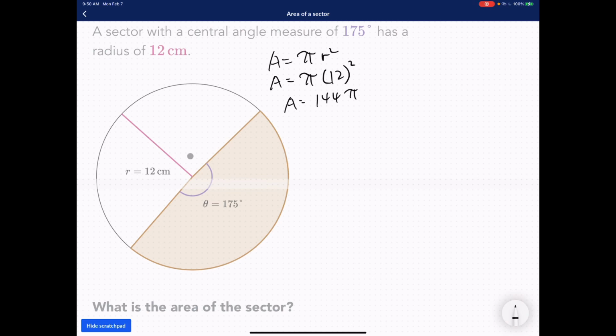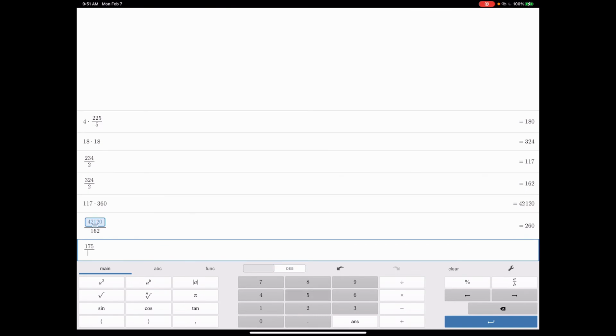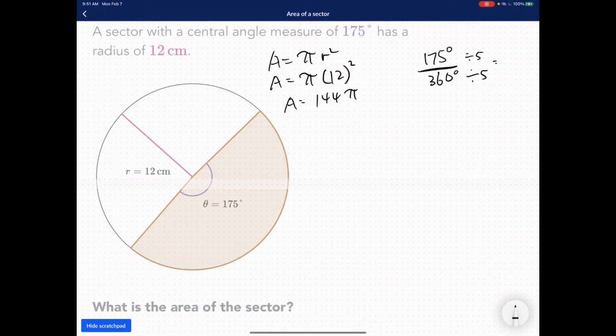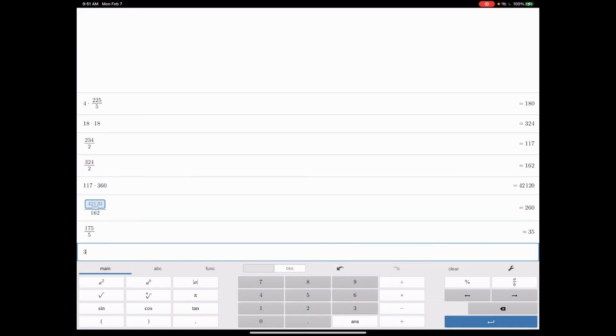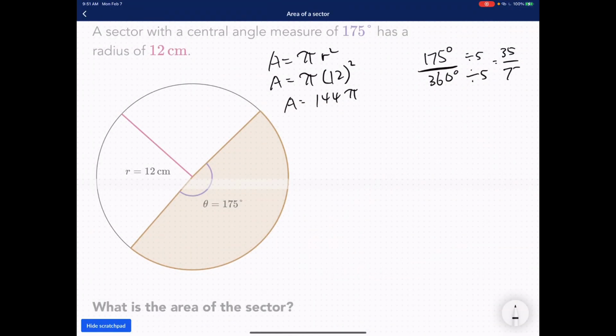And now let's take a look at 175 in terms of the whole. The whole is 360 degrees. So 175 degrees over 360 degrees. And I'm going to divide the numerator and the denominator by 5. So 175 divided by 5 is going to be 35, over 360 divided by 5, and that's 72.